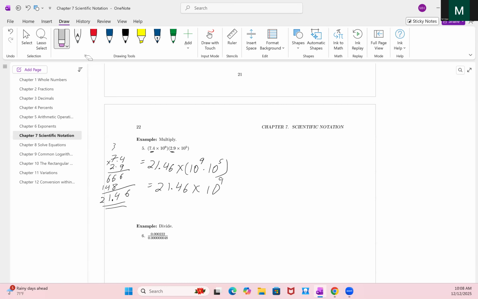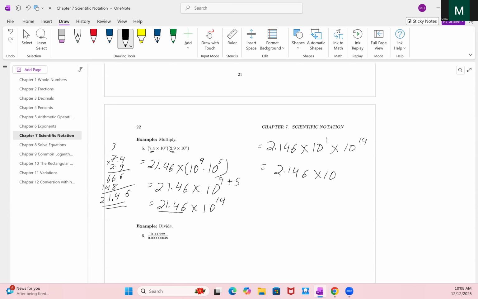This is equal to 2.146 times 10 to the power of 1 plus 14, which is 2.146 times 10 to the power of 15, final answer.